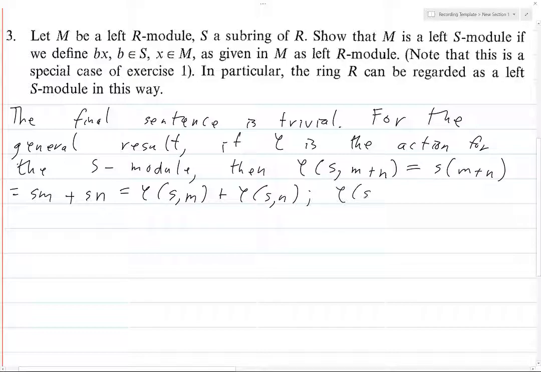Now we have phi of (s plus t, m). Here m is going to be an element of big M, and little s and little t are going to be elements of big S. Closure might come into play a little bit, but let's just write it out. Just do the typical thing.